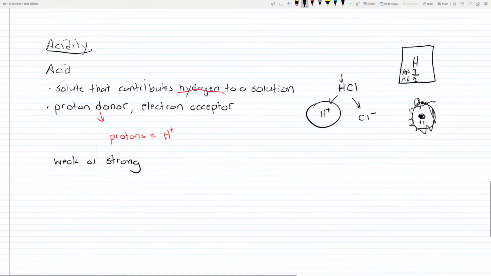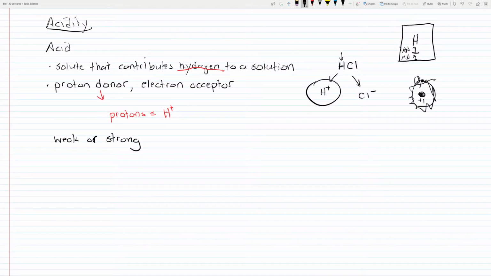So you can have a weak acid or you can have a strong acid. Now the definition of a weak acid versus a strong acid. Let's start with strong. A strong acid will totally dissociate, or separate, in water. Totally separate in water, whereas a weak acid does not.